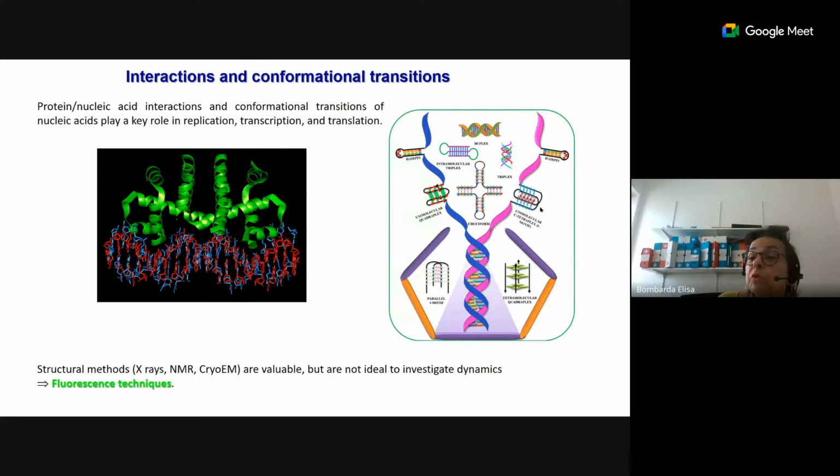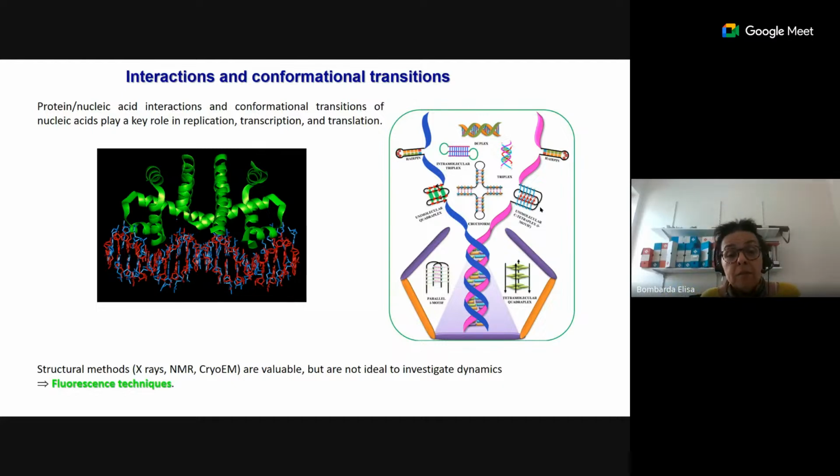So it's interesting to have the possibility to study them, to see how they form, or maybe to find a way to favor or hamper their formation according to a particular therapy. And so the basis of this is to know them.